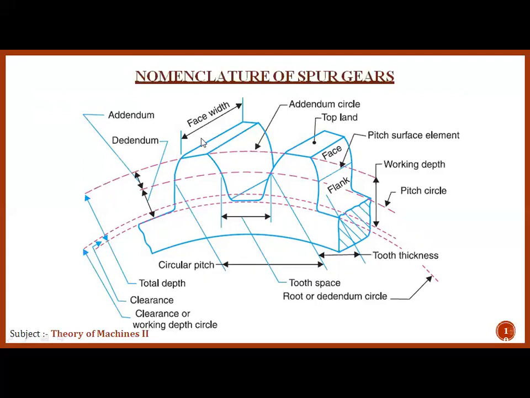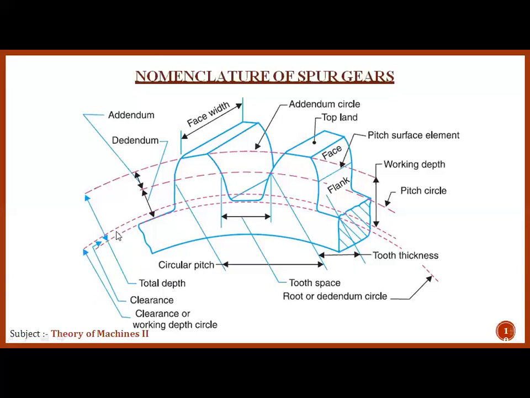Then this is the face width. The radial distance from the pitch circle till the addendum circle is known as addendum. Then the radial distance from the pitch circle till the dedendum circle is known as the dedendum. Then the whole radial distance from the addendum to the dedendum circle is the total depth.